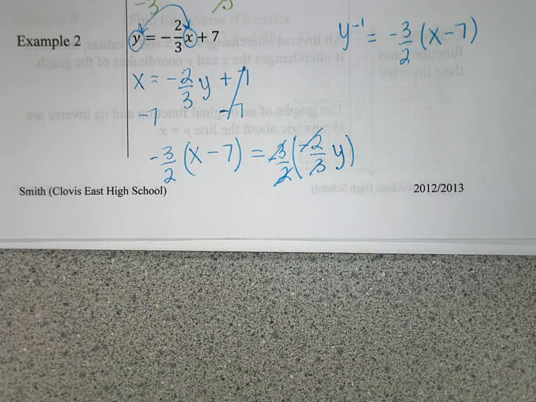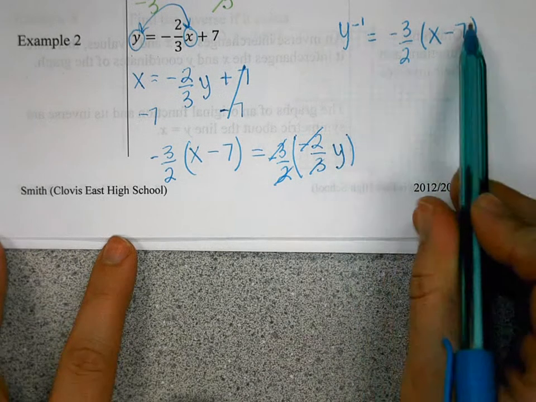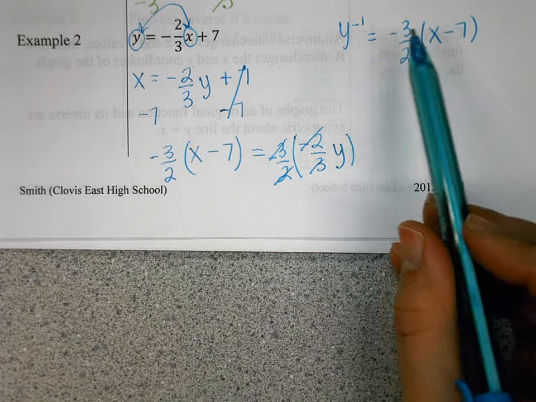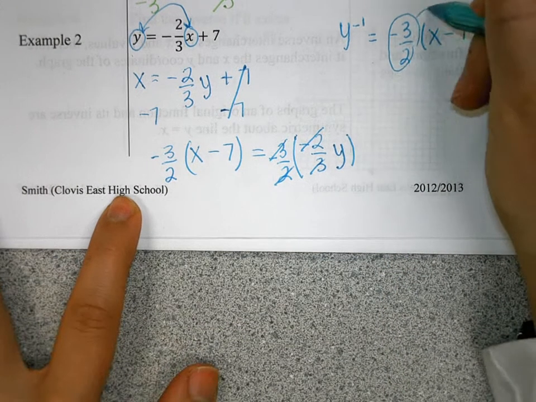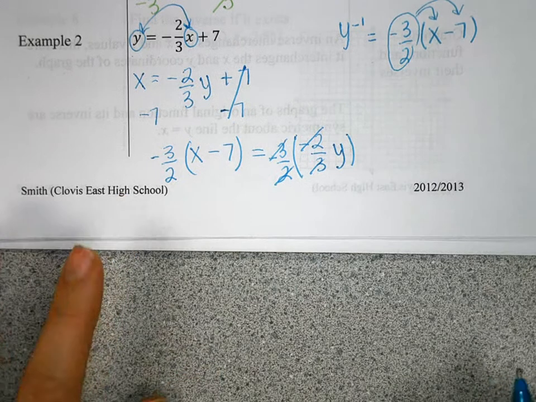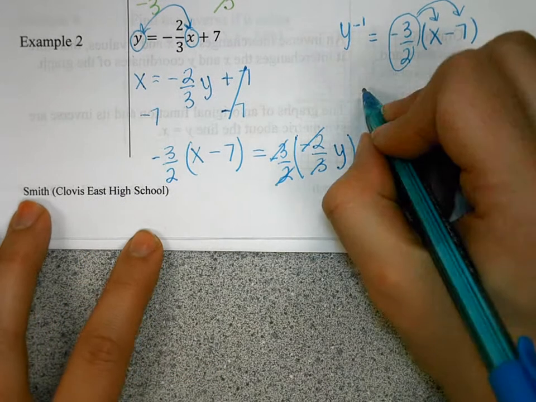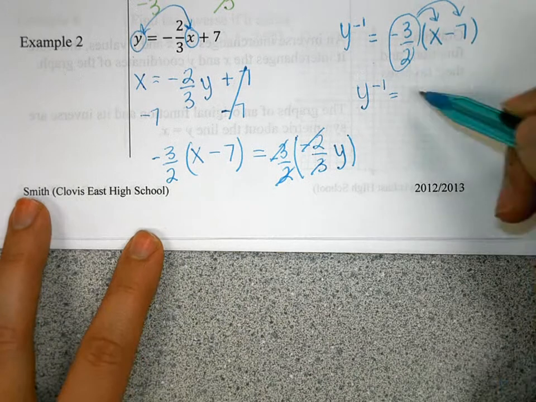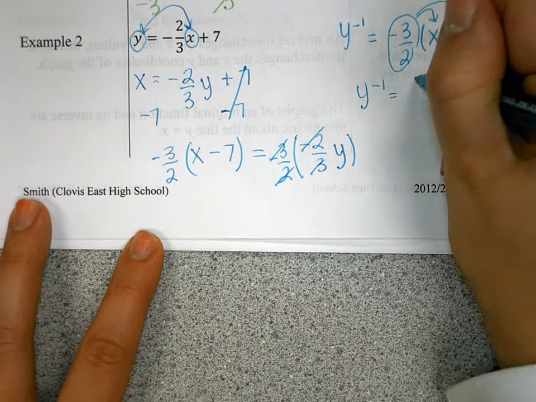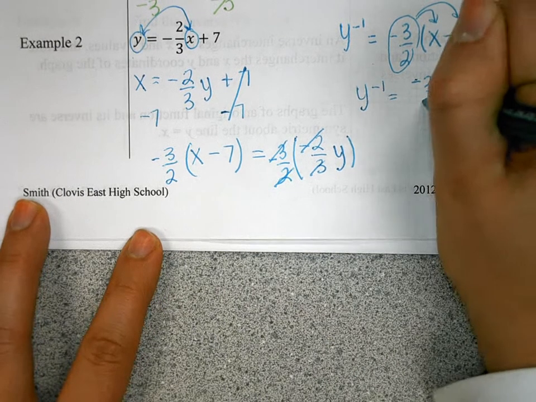Well, this is not the most simplified answer that we have. So what we actually want to do is distribute that negative 3/2, I'm sorry, into the parentheses. So that's going to give me negative 3x over 2.